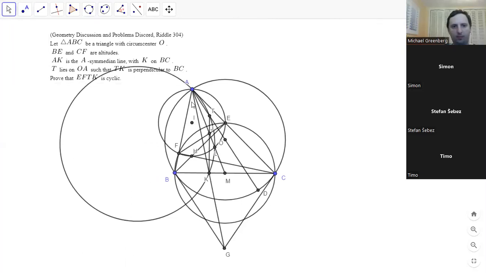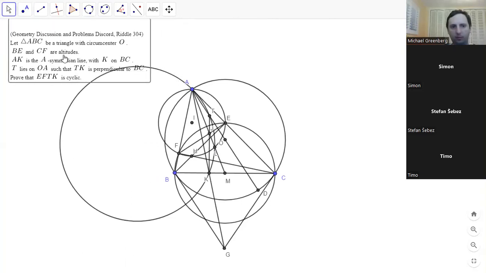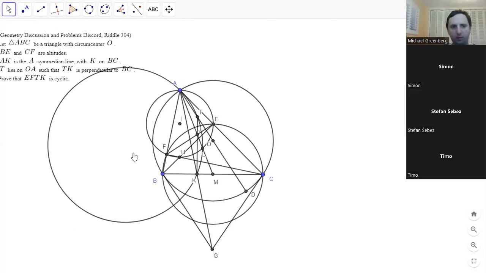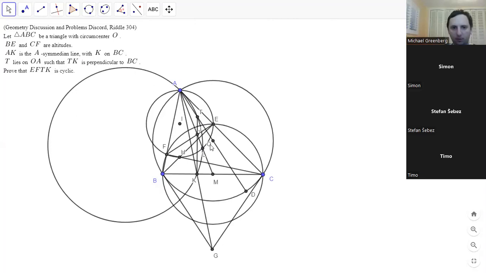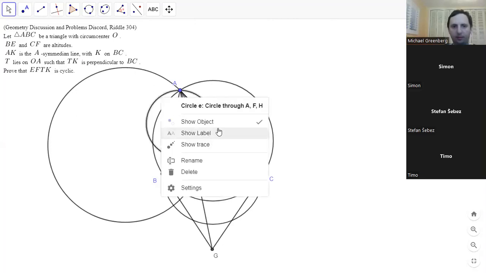Let me move this out of the way. I'm going to hide these circles for now.